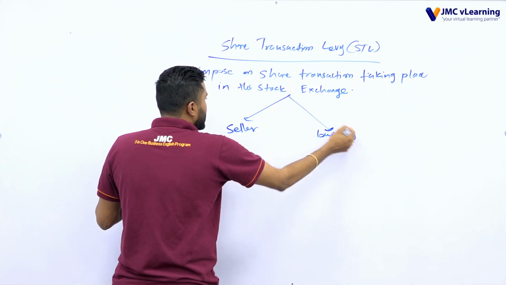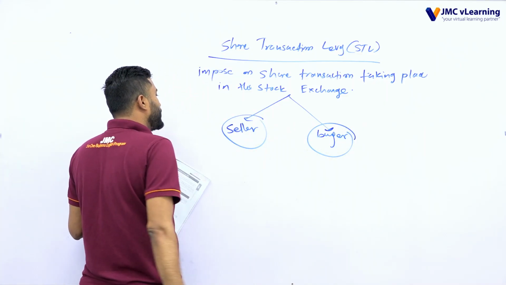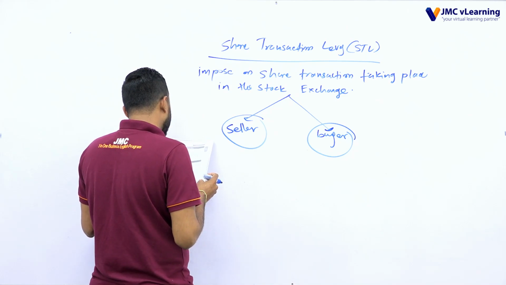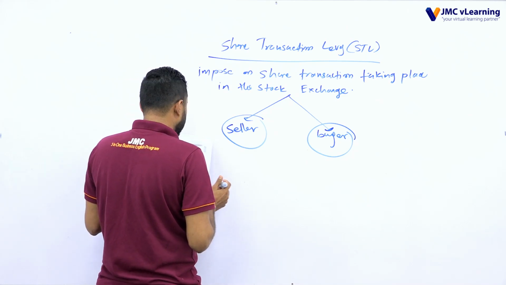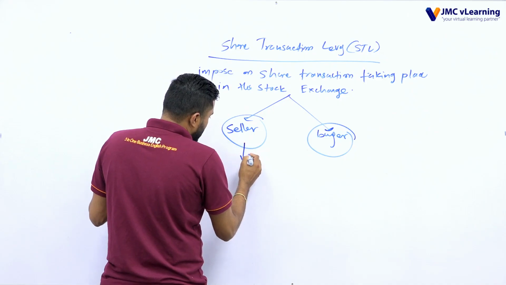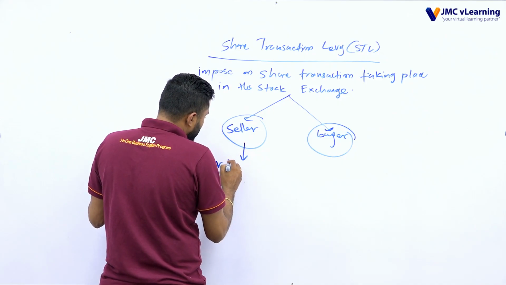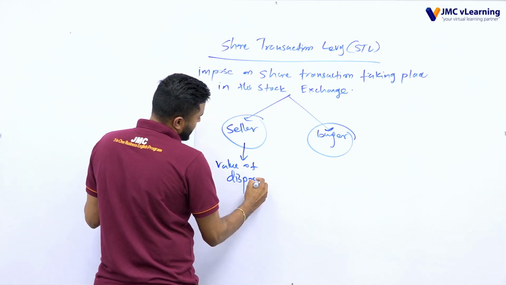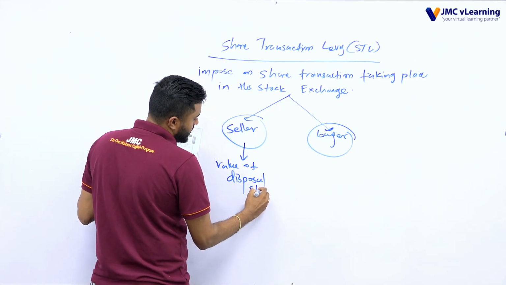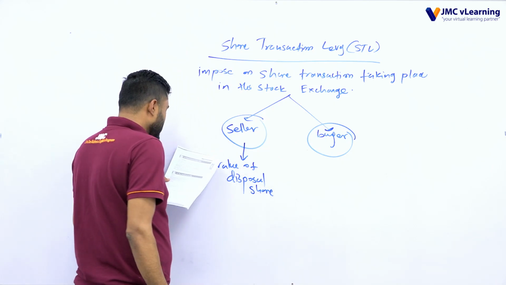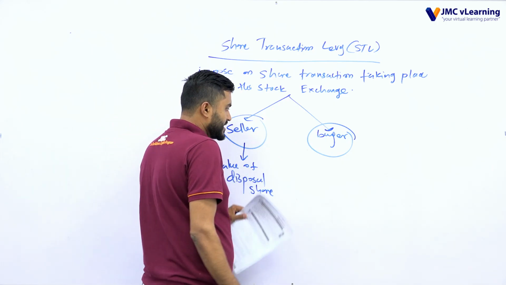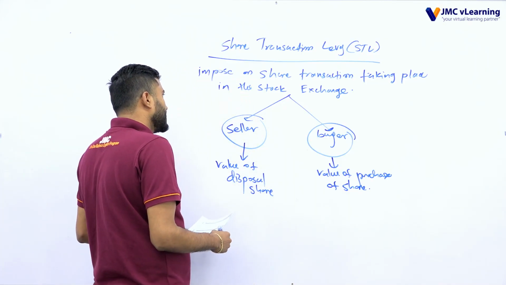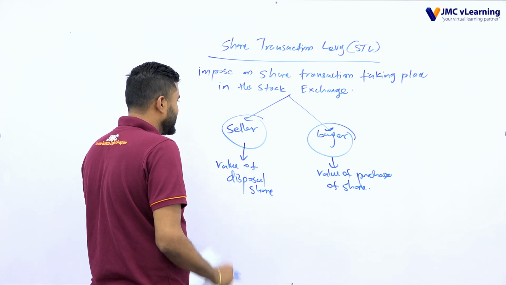This share transaction levy needs to be paid by both parties. For the seller it is based on the value of the disposal of shares, and for the buyer it is the value of the purchase of shares.